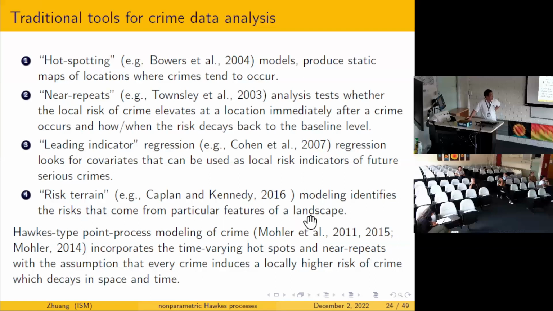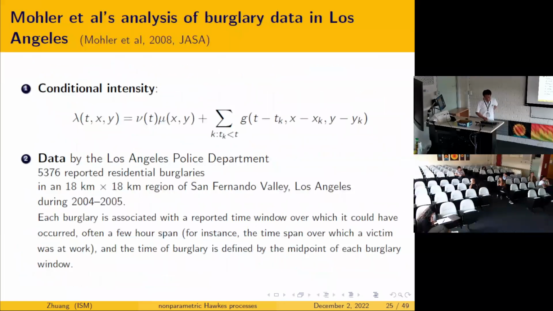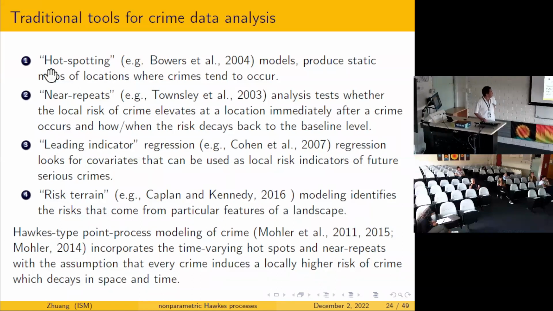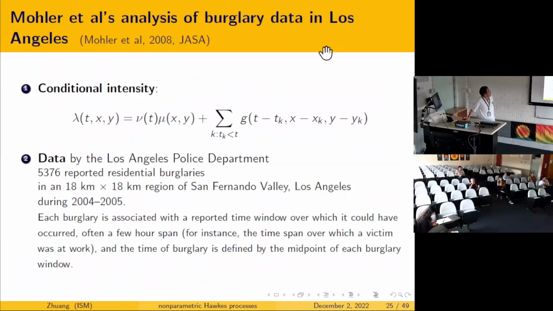A lot of applications of the Hawkes process are from that group, who used it to study wildfires, and social networks are also studied by this research group. This Hawkes model combines the near repeat and Hawkes models together. And here is the model. This paper here is 2000, should be 2011, I made a mistake.